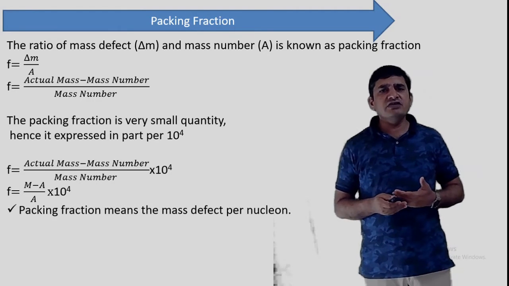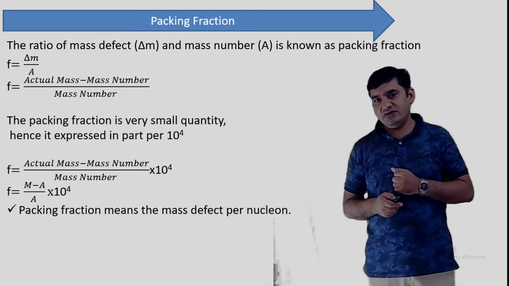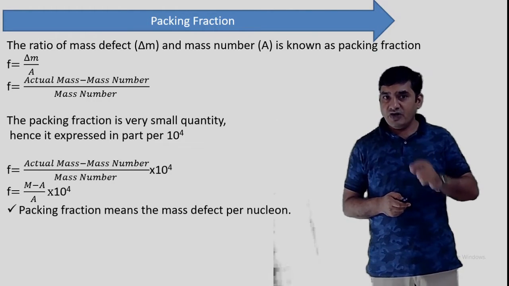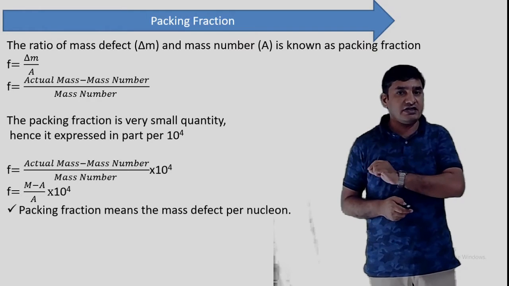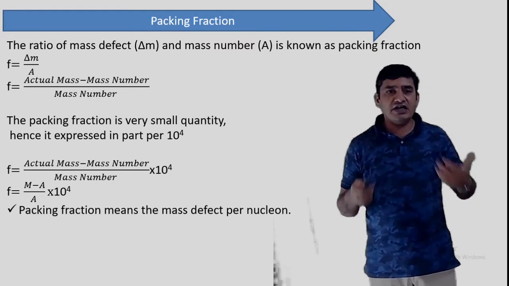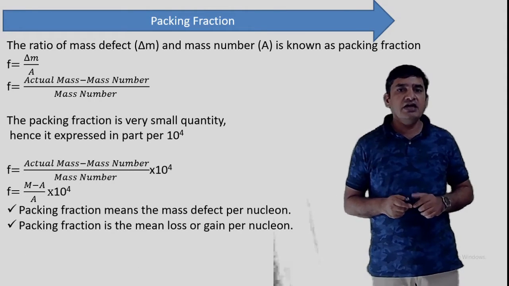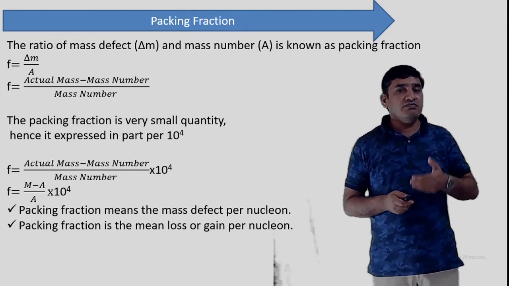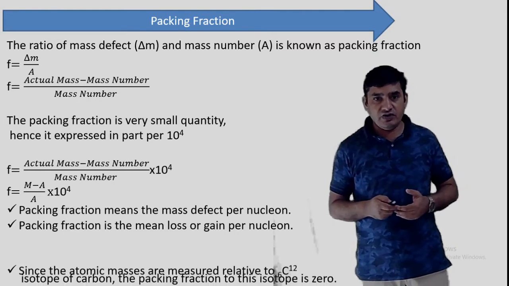The packing fraction means the mass defect per nucleon, because packing fraction is a ratio of mass defect and mass number. Packing fraction means a loss or gain of a nucleon.